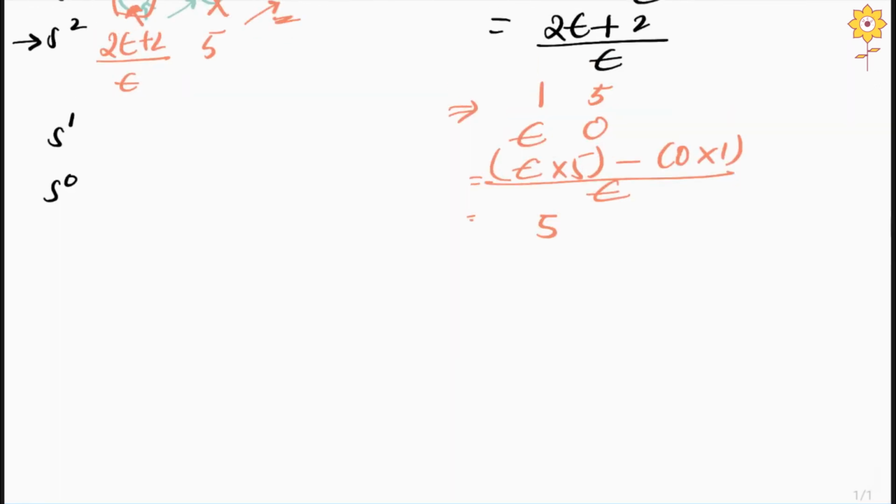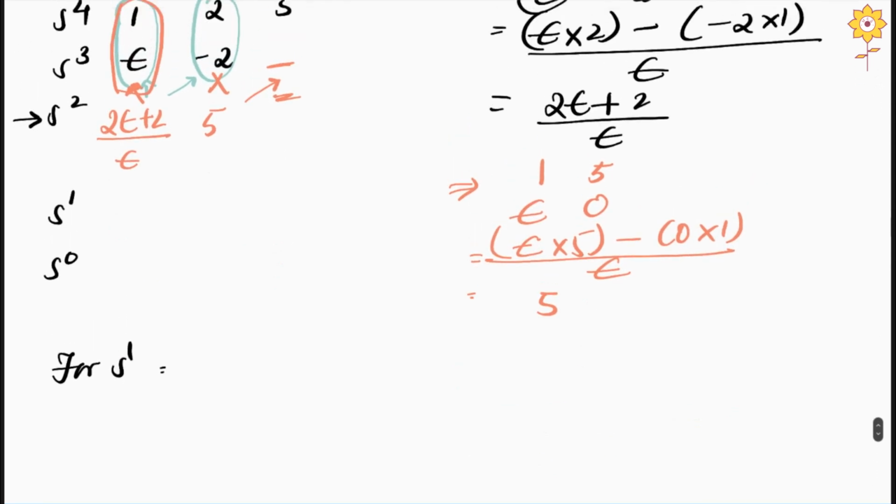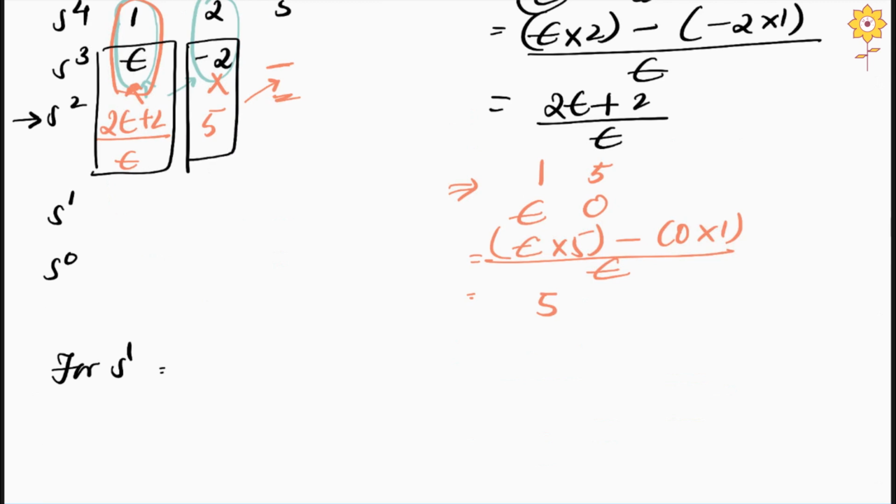Now, for S^1, what values will we be using? Please pause the video and try to answer the question. We will be using these two values and these two values. So, we have epsilon, then 2 epsilon plus 2 upon epsilon, and here we have minus 2 and 5.